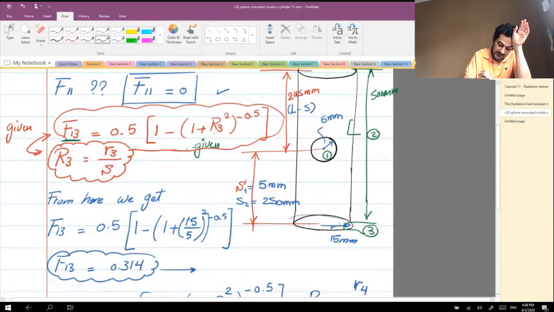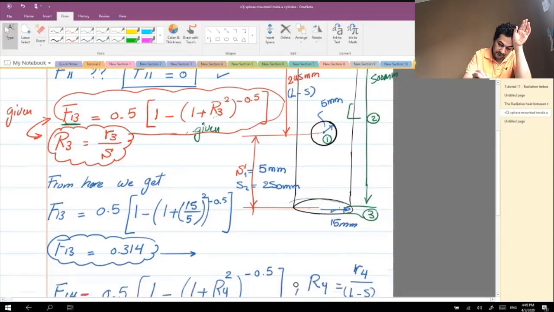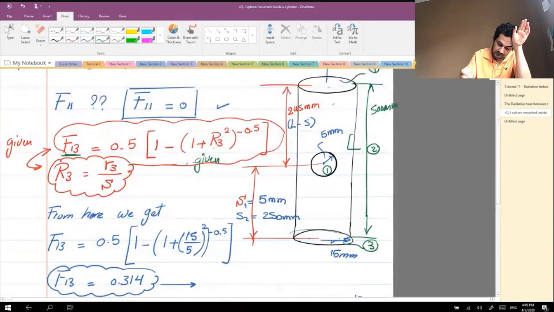It is the same as from 1 to 4, but the distance is different. The distance here is the length of the pipe, the distance between 1 and 4. So the distance between 1 and 3 is different than the distance between 1 and 4. 1 and 3 is S, 1 and 4 is L minus S, right?